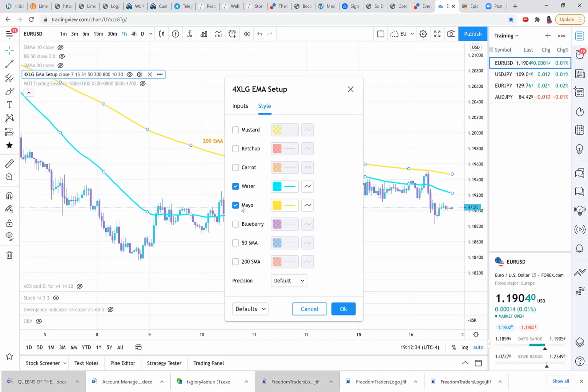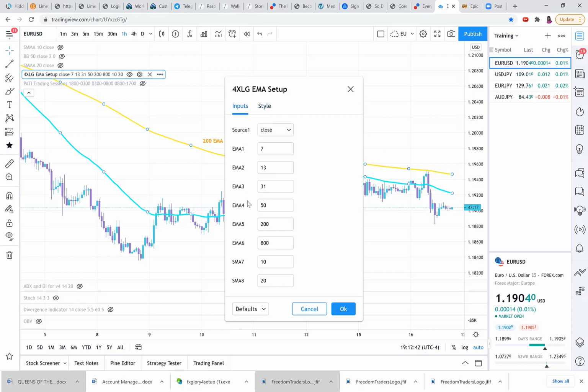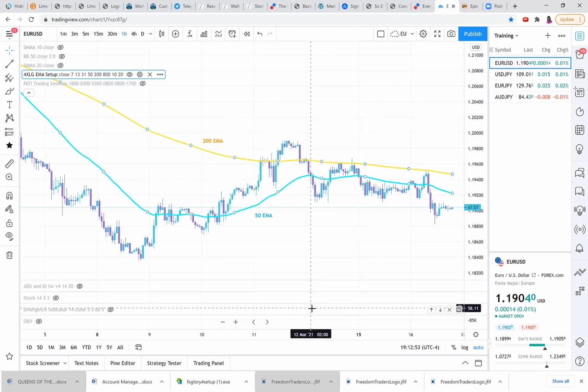The 200 EMA is known as the mayo. I don't really know the backstory on that, but under inputs, so it was the fourth and fifth one. So here, the length of our moving average is going to be 50, and the other one is going to be 200. So that's how you add the 50 EMA and the 200 to your chart.